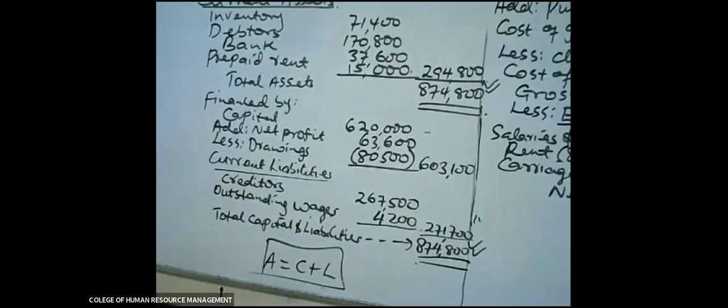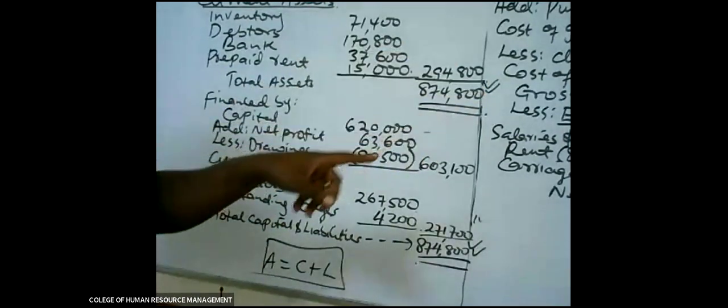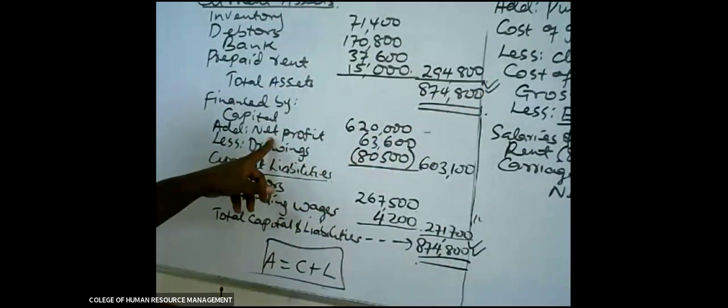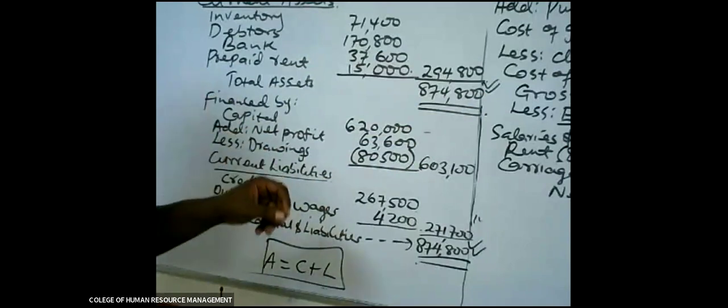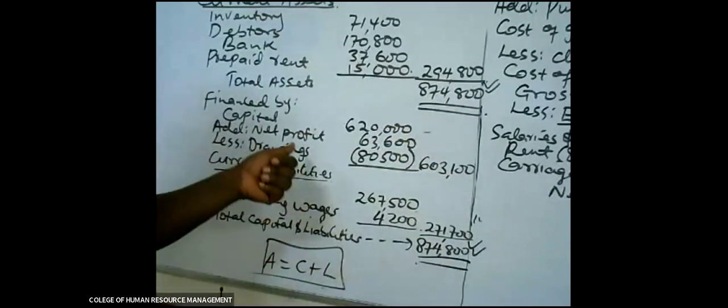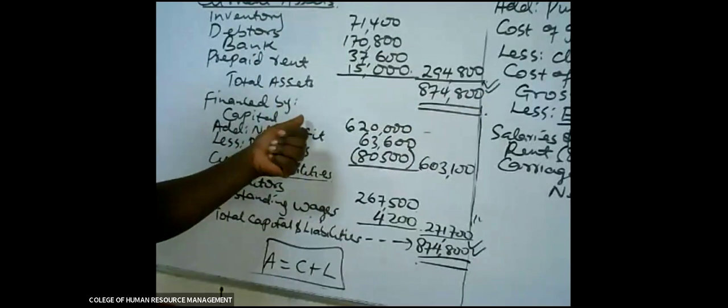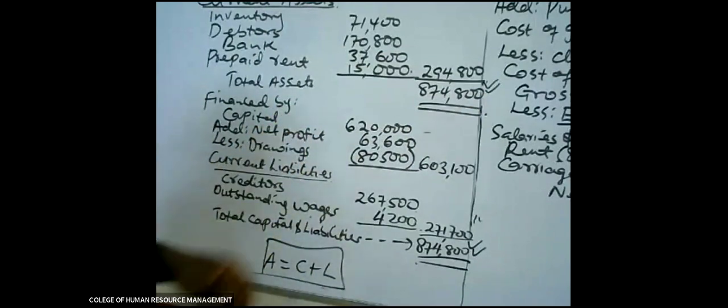So that is how expert trader statements were supposed to be done. Any question? The profit that you get there is the one that you come and add to the capital. So instead of the examiner providing the net profit, they will tell you to prepare the income statement so that you can arrive at the net profit which you bring here. Add it to capital.